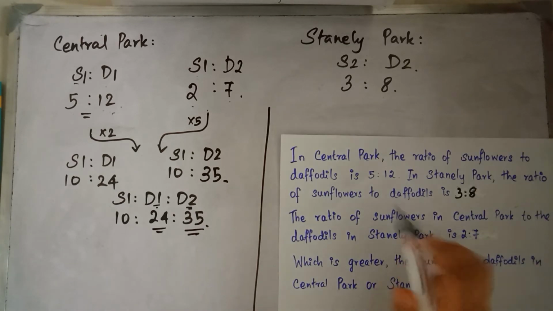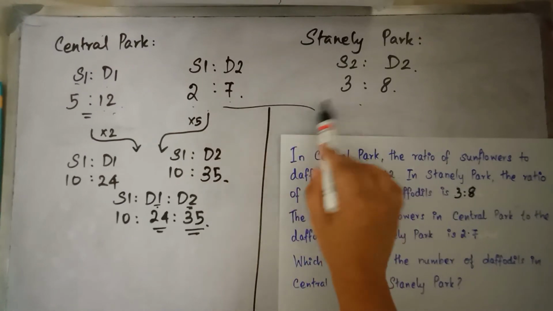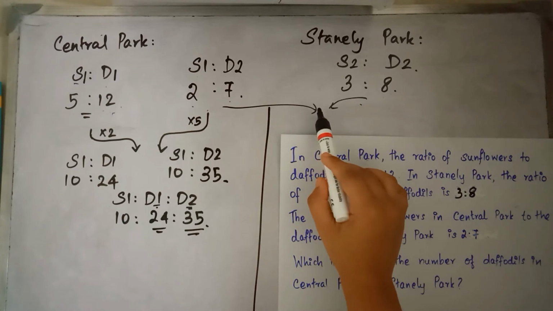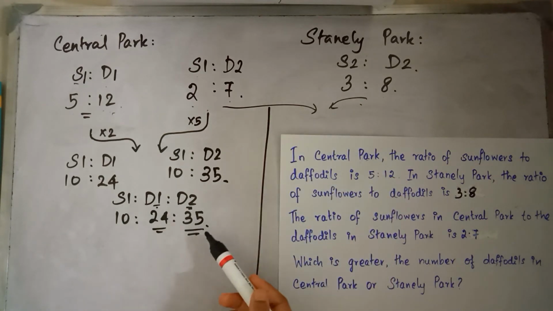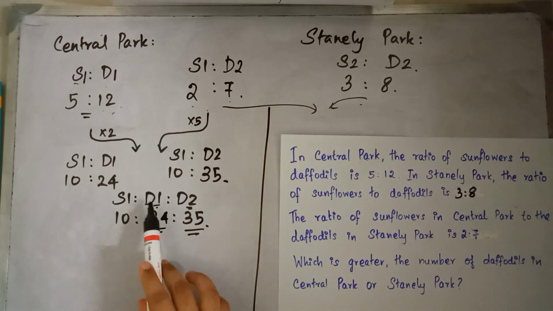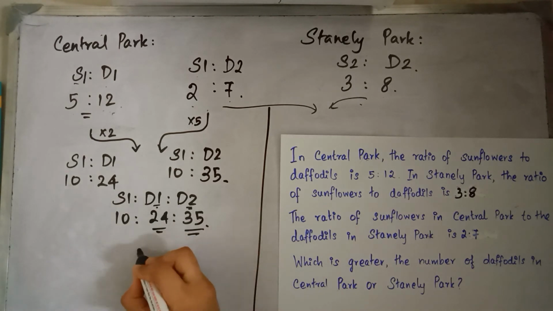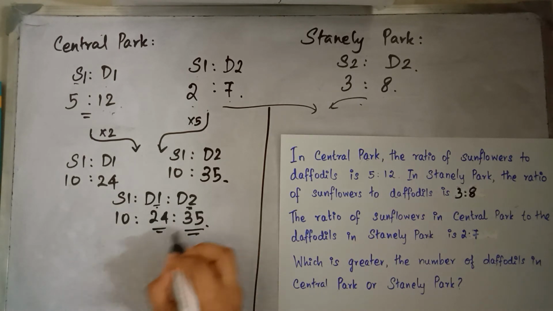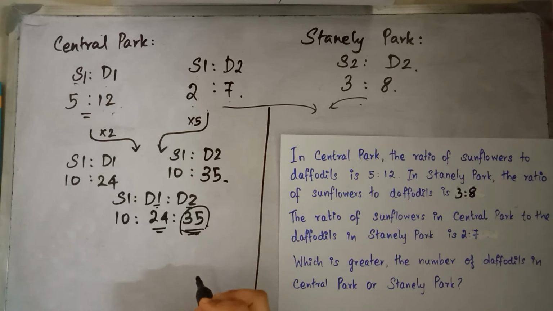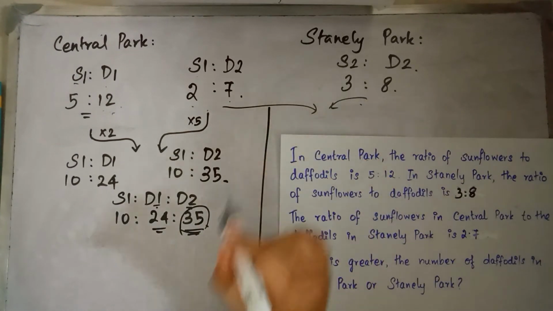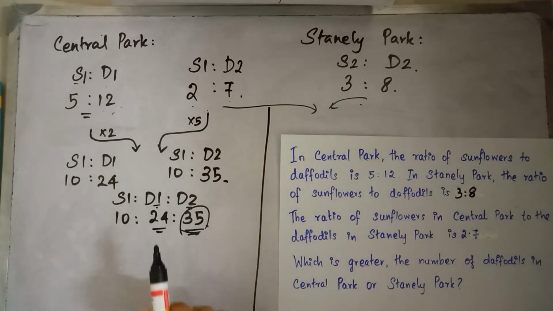So we realize that it's unnecessary to compare these two ratios, because we already have D1 and D2 in this ratio itself, right? We have to compare D1 and D2 only. So we can confidently say that the number of daffodils in D2, that is Stanley Park, is greater than the number of daffodils in D1.